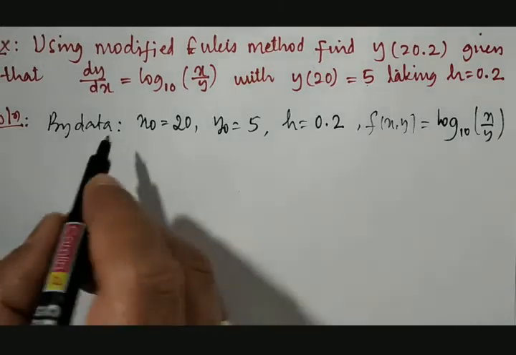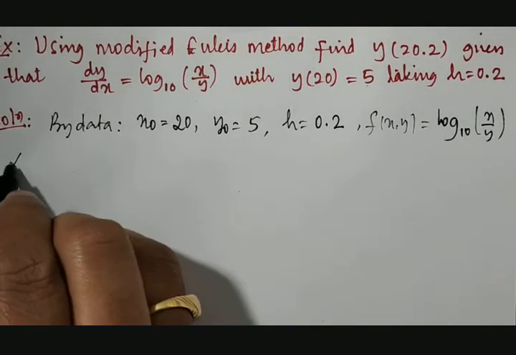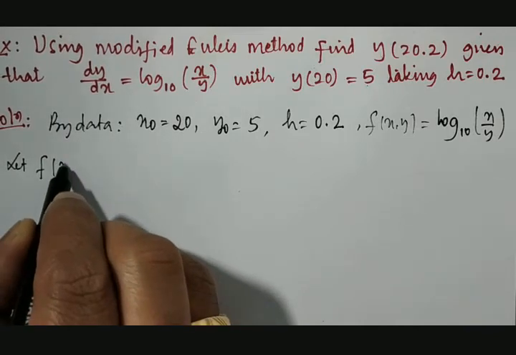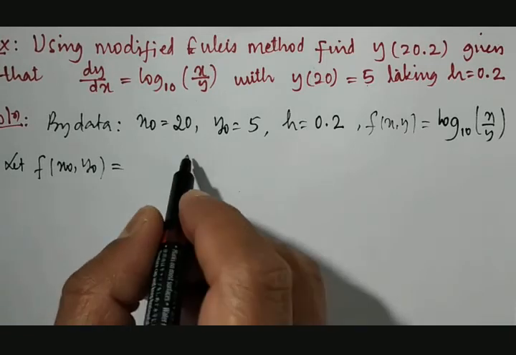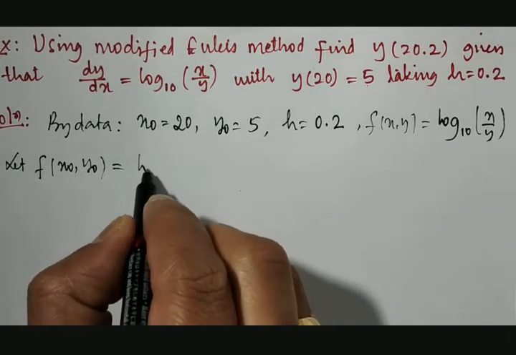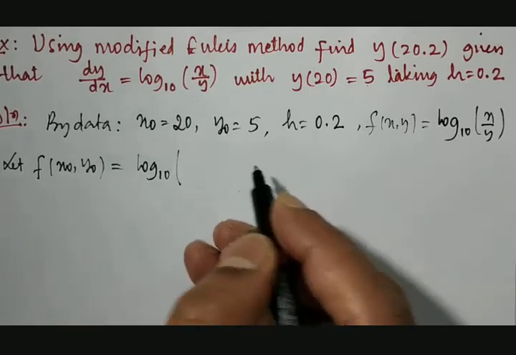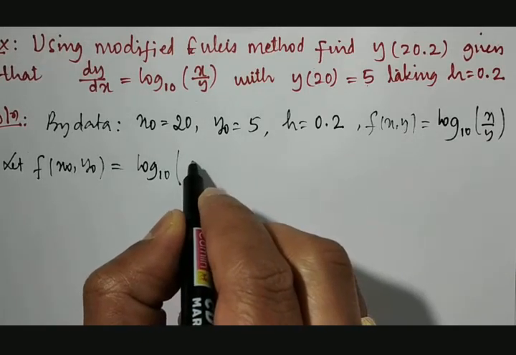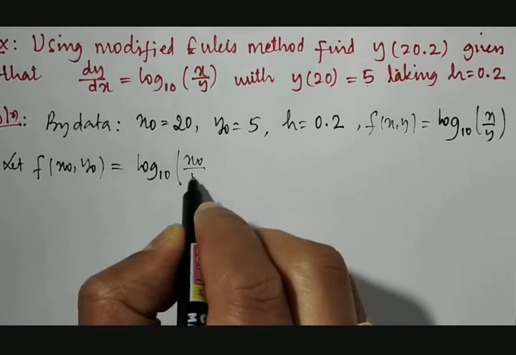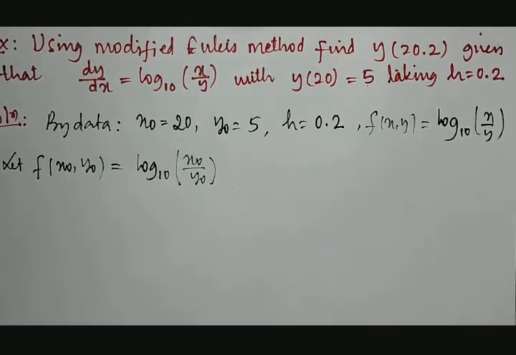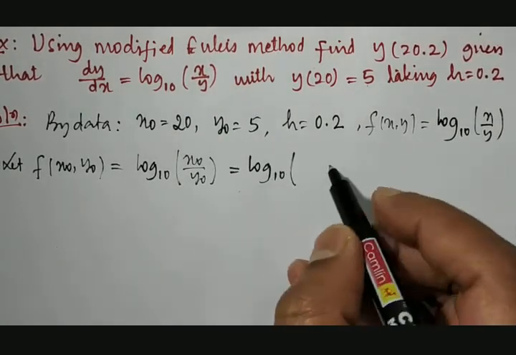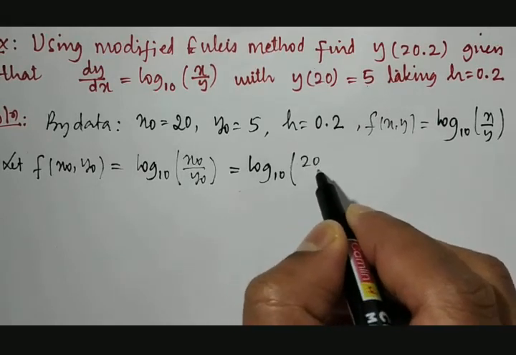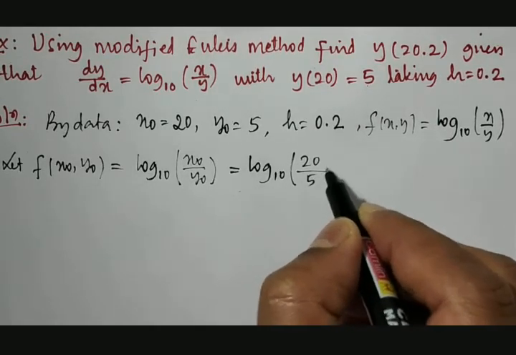Therefore, let us consider the value of the function with initial values x naught and y naught. That gives logarithm to the base 10 of x naught by y naught, which is equal to logarithm to the base 10 of x naught, the value of x naught is 20, divided by y naught, which is 5.